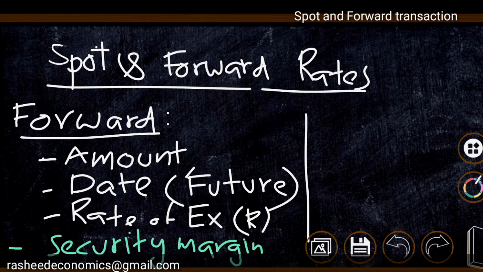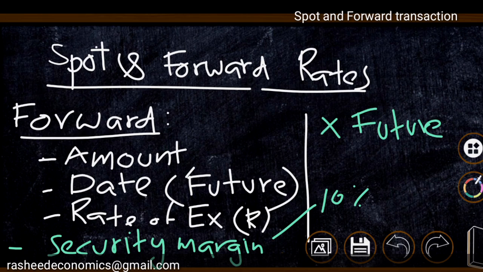A 10% security margin is to be paid at the time of drawing the agreement. Here we are not at all considering the future spot rate. Definitely there will be a future date, and corresponding to that future date there will be a future spot rate, but that spot rate is not considered.